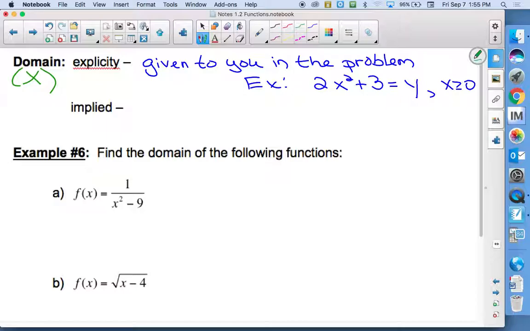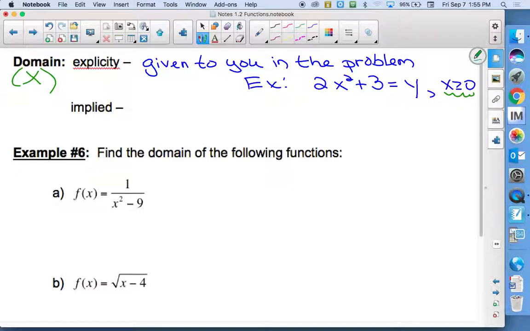So there's 2 different ways that domain is given. It's either explicitly, I mean it literally is given to you. So if we have the equation y equals 2x squared plus 3, and they say x is greater than or equal to 0, that's the domain, because domain is x. So in this problem, all the x's must be greater than or equal to 0. So that's called explicitly.